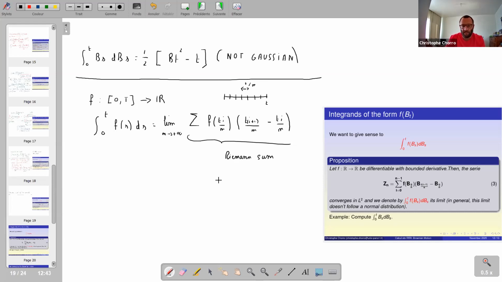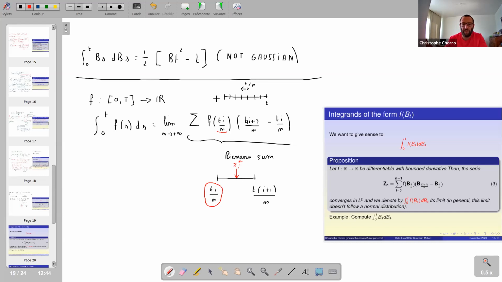A remark that I can make is that when you have the Riemann sum theorem, here I have chosen this point to be the lower bound of my interval. But you know that the Riemann sum theorem works also if instead of choosing the lower bound of the interval, I choose any point in my subdivision that I denote by x_{i,n}.